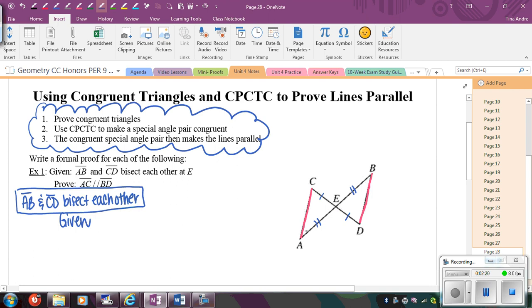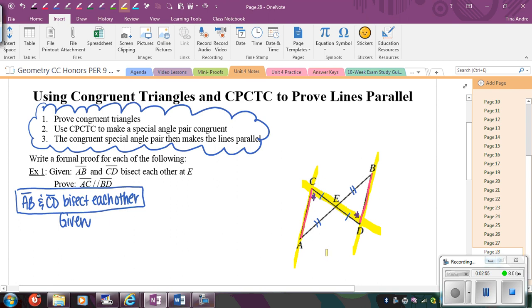So if you look at the angles in the triangles here, angle C and angle D, let me just highlight this for a second, then I'm going to delete it. If I look at these lines and think about this as my transversal, if I could prove angles C and D congruent, which are in these two triangles, and they are in the interior of those lines that I'm trying to prove parallel, on alternate sides of the transversal, so they're alternate interior angles, then I can say that these lines must be parallel.